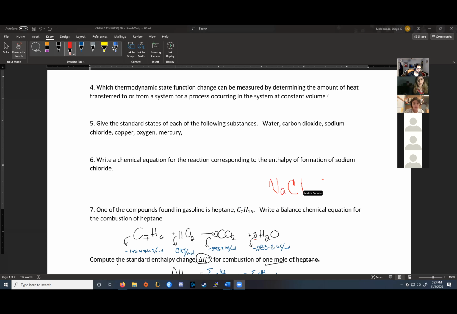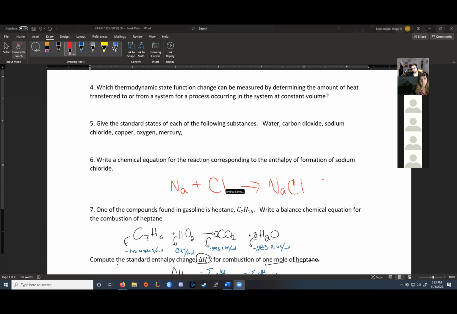Okay, so we are looking for the equation that makes it, right? So obviously we're making NaCl, so we have 2 reactants, right? Can someone tell me what they would be? Sodium and chloride. Good job. So we have sodium plus chloride.